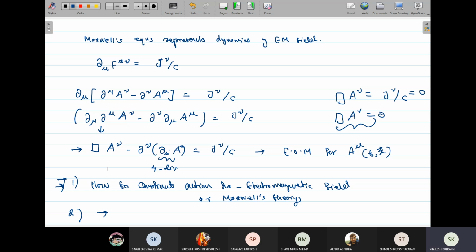Secondly, it is the place where you must consider special relativity. Maxwell's equations are not Galilean covariant. They are Lorentz covariant. So we must take into account special relativity.